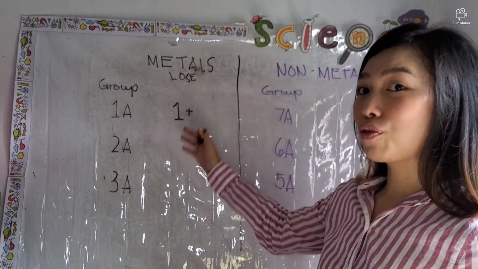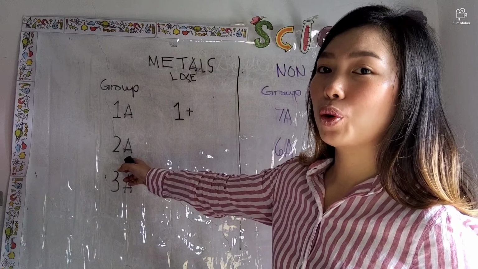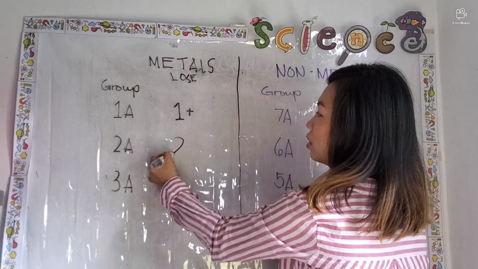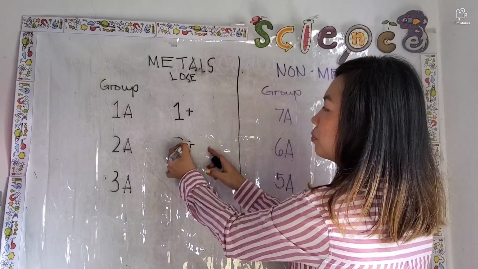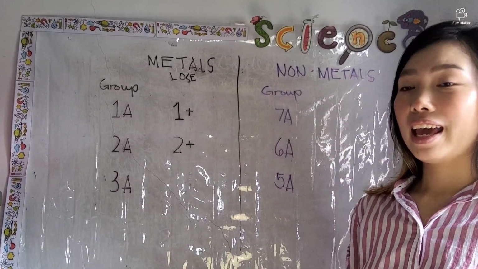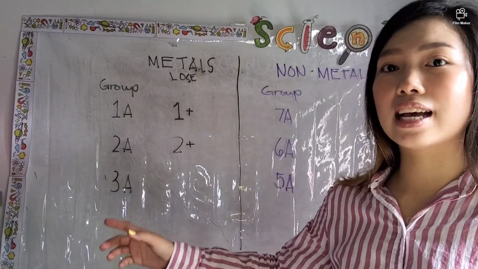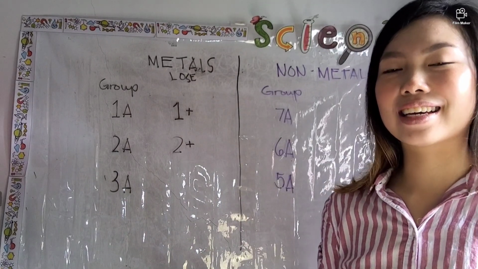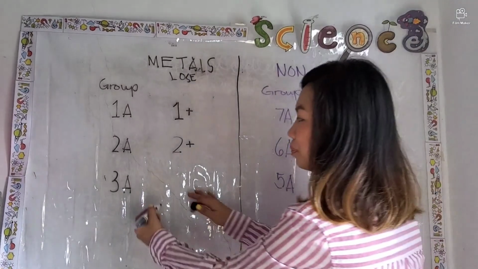positive. And of course, lahat ng element na nasa group 2A ay maglo-lose ng dalawang electron. That's why they have a charge of 2 positive. And for group 3A, hindi lahat ng nasa group 3A na element ay kasali. It will only be the aluminum.